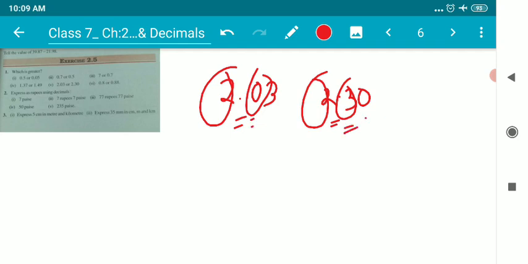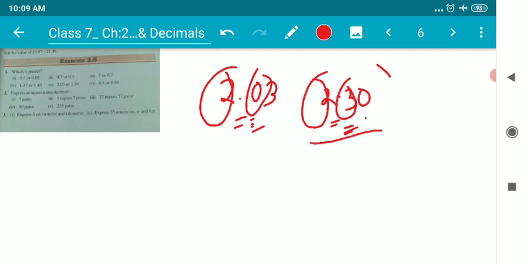Yes or no, children? 3 is greater than 0. So I got my bigger value, I have to stop over here. I don't have to look further. Once I get the bigger value during comparison, I'll just stop there. And the number with the bigger digit in that position would be greater.